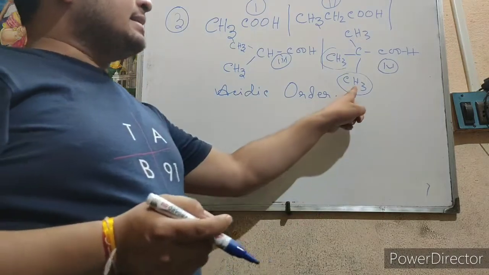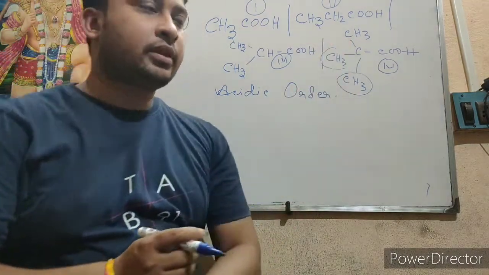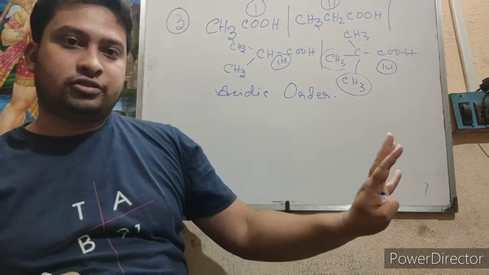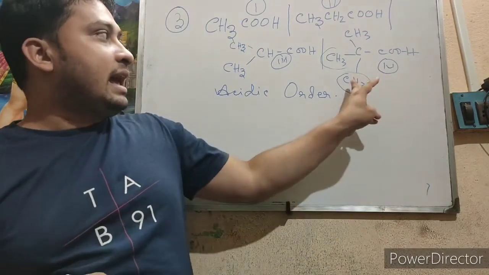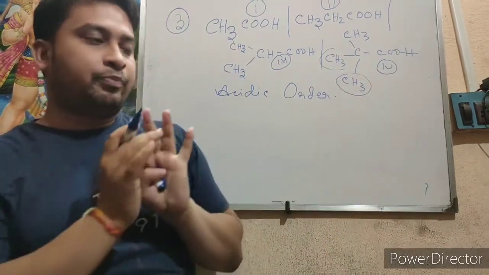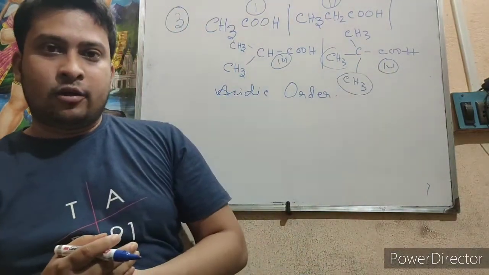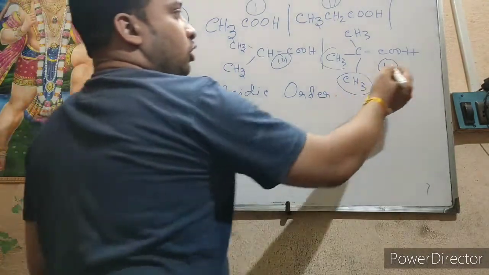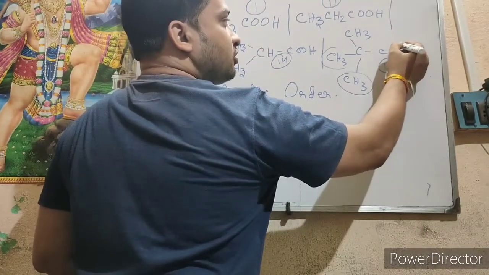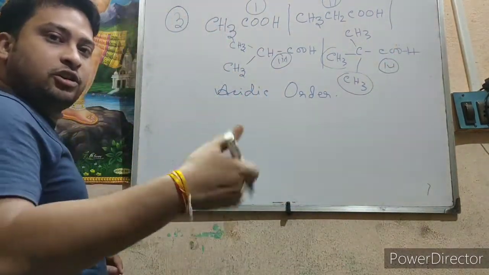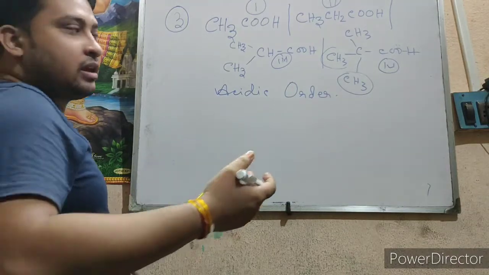As the bulky group pulls the electron on the oxygen, as the number of bulky groups is 3, the power of pulling electrons on the oxygen is high. So the electron density on the oxygen is increasing.